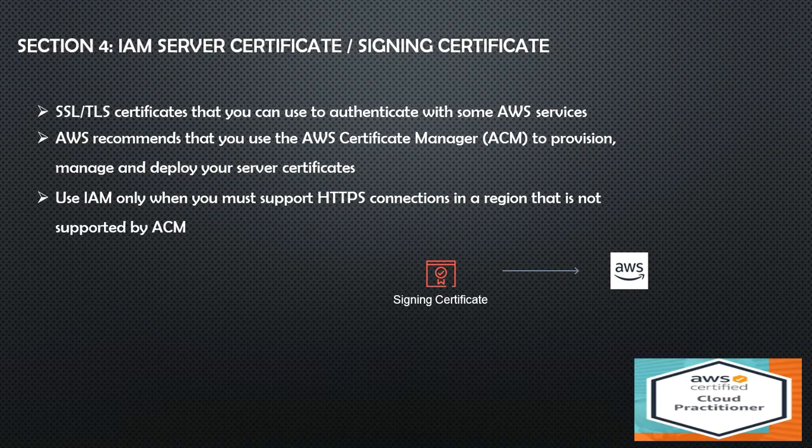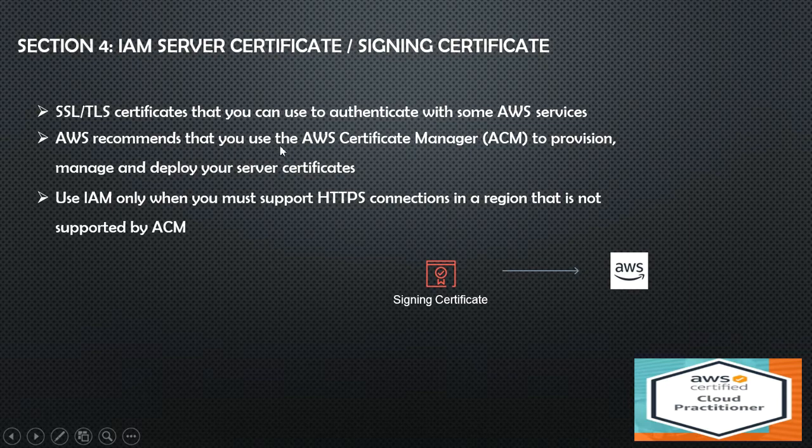This is for the IAM server certificate. So this is a signing certificate. You can have something like a CA server, sign the certificate, and then send it to AWS. These are SSL/TLS certificates that you can use to authenticate with some AWS services. So you can provide these certificates to those services, and they can authenticate using these certificates.